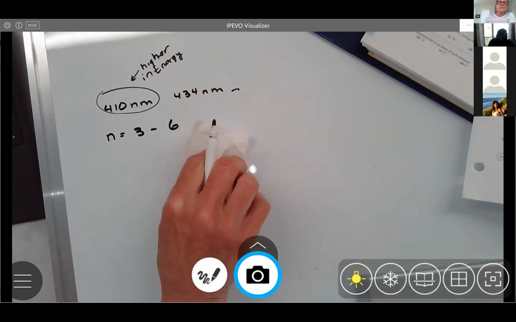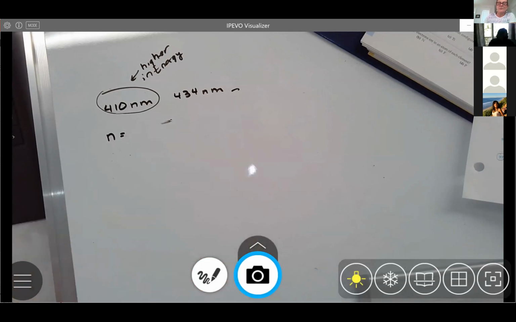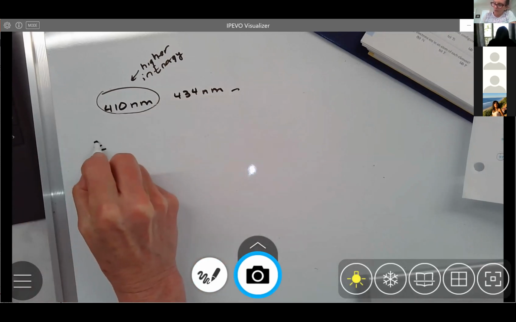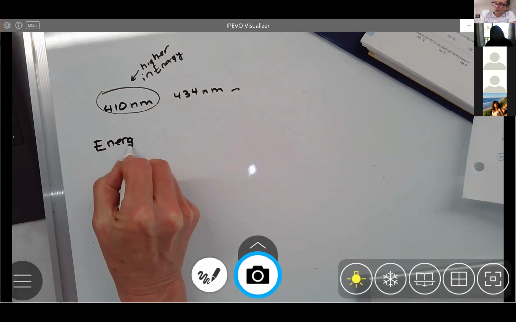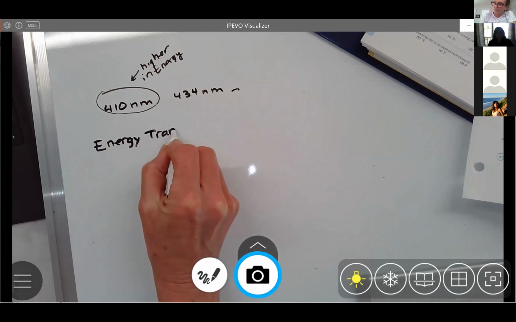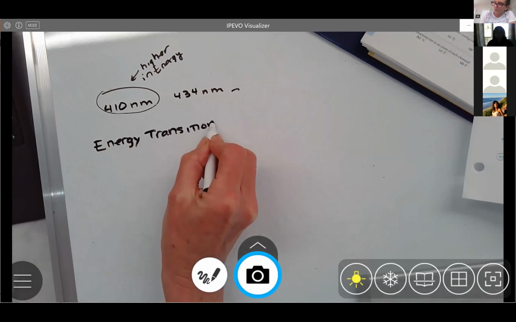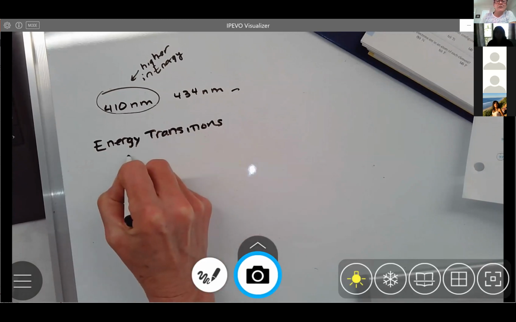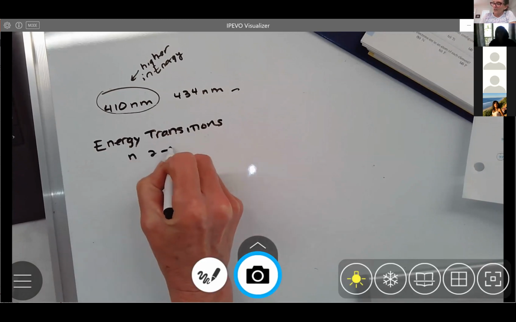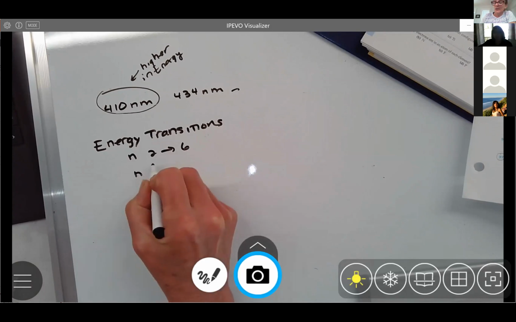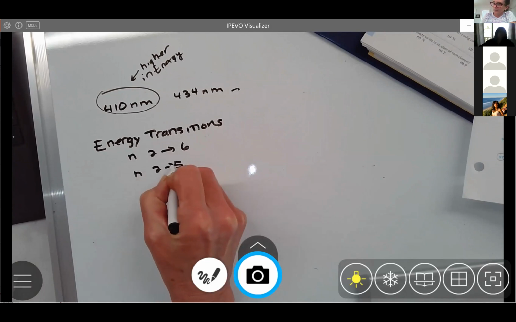Wait, we have energy transitions. And we have n from 2 to 6 and n going from 2 to 5.